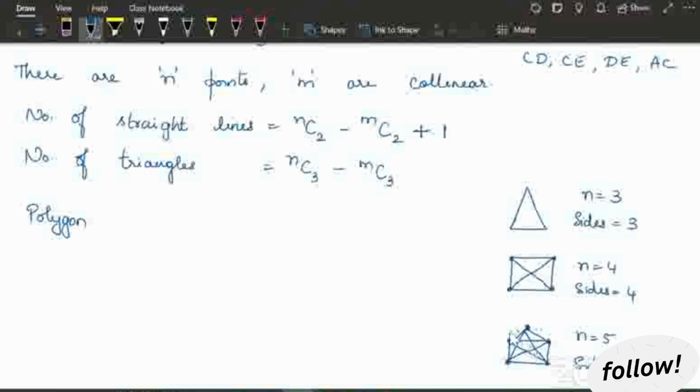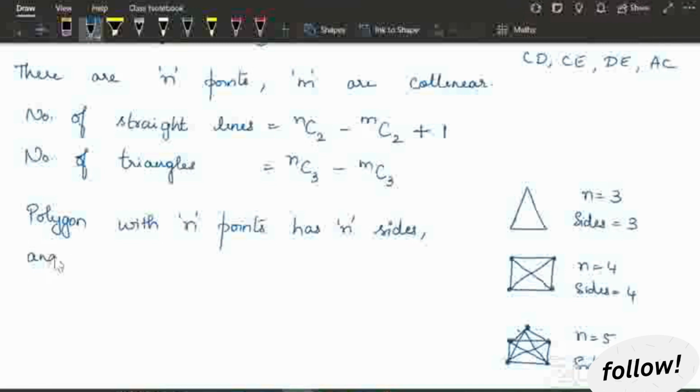So basically, when they ask you about polygon, a polygon with n points has n sides, or n external sides, or just exteriors, whatever you want, you can write.